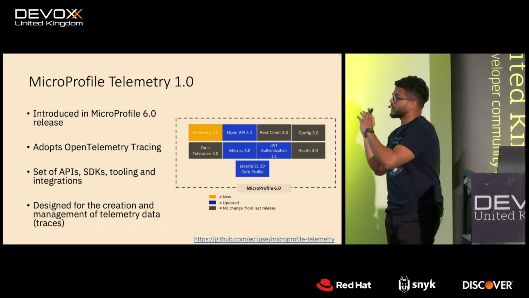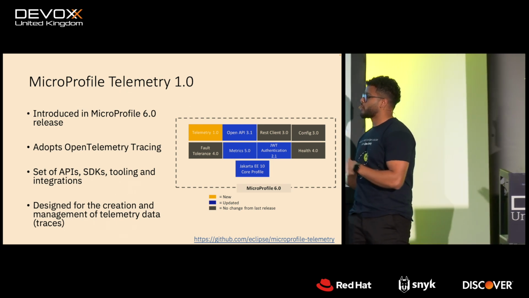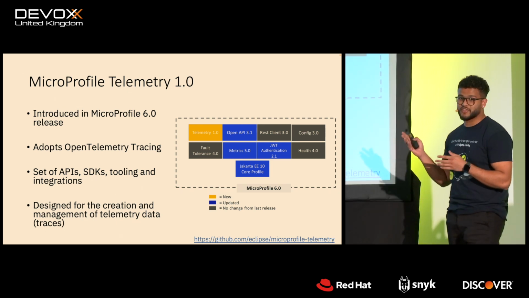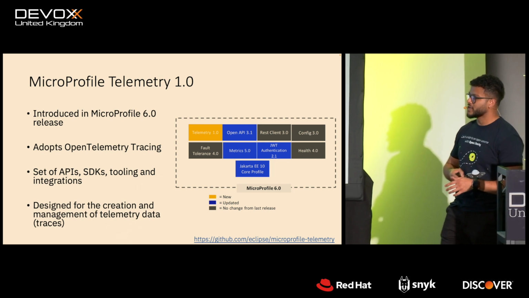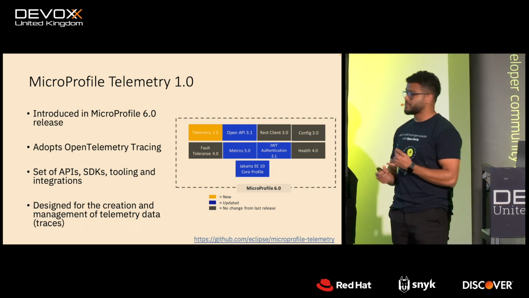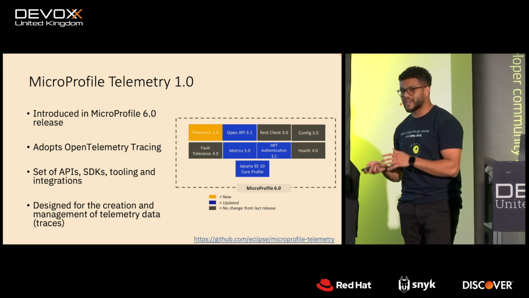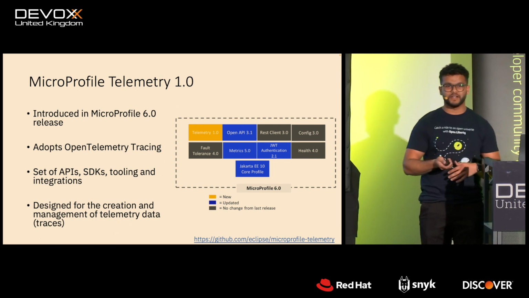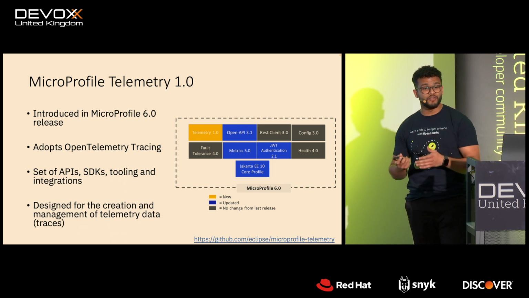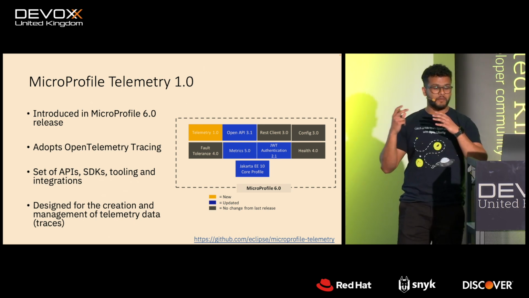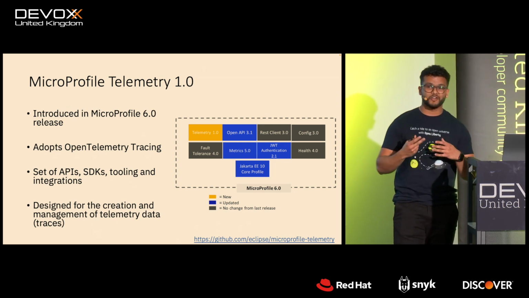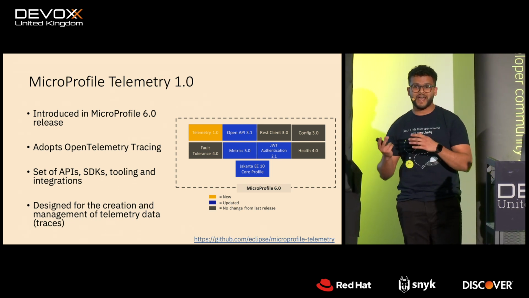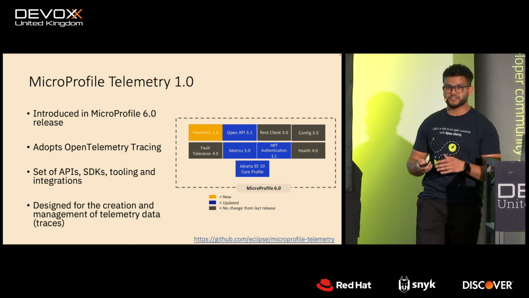It's been adopted using OpenTelemetry tracing. It's introduced in the MicroProfile 6 release. It's a set of SDKs, APIs, tooling, and integrations. And in essence, it's designed for the creation and management of telemetry data, i.e. traces. Also in the future, we hope that MicroProfile Telemetry evolves to include OpenTelemetry Metrics and OpenTelemetry logging as it doesn't already.